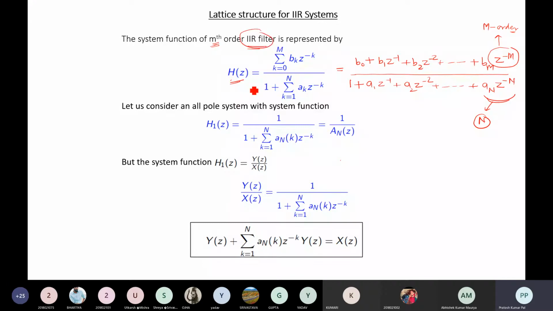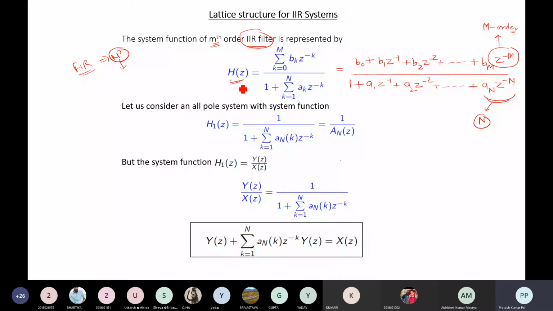In case of FIR filters, only the numerator was there, and based on the numerator polynomial we went through the analysis and how the lattice structure can be realized. Similarly, we will proceed with IIR filters where numerator and denominator are both given.